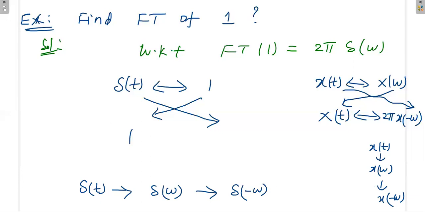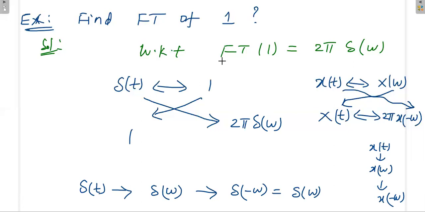But we know that del of minus omega is del omega only, because the del function is always an even function. So this is del omega, and we also have to multiply with the constant 2 pi. So the Fourier transform of 1 is 2 pi del omega. With the help of duality also we can prove that the Fourier transform of 1 is 2 pi del omega.